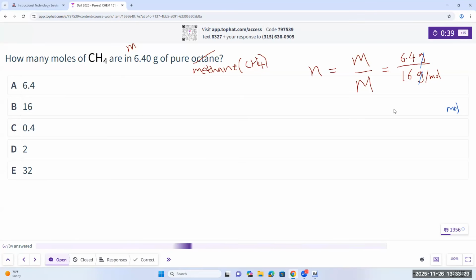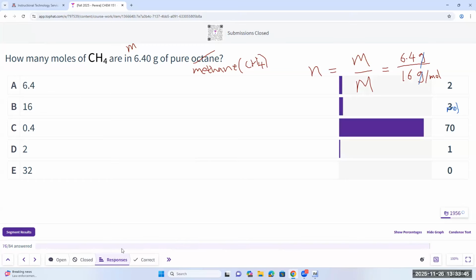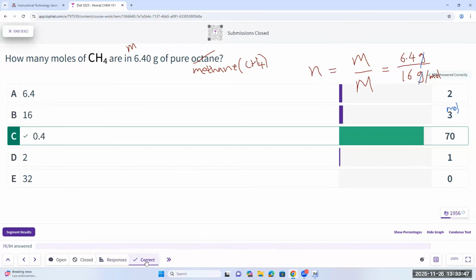All right, I think there should be enough time for this question. Okay, I'm going to close the question in 5, 4, 3, 2, and 1. All right, most of us got 0.4, and that's the correct answer as well. 6.4 divided by 16 is 0.4.